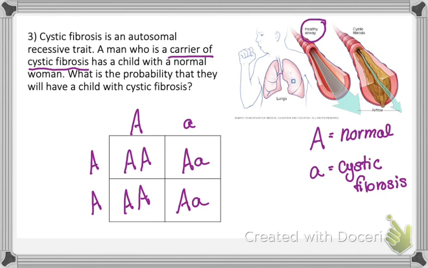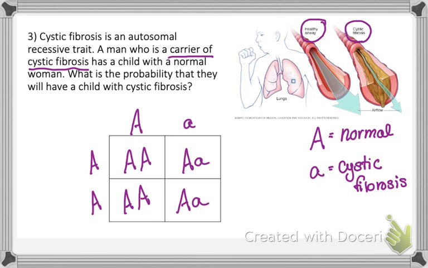Cystic fibrosis is a genetic trait where ion channels don't form properly, and as a result, salt builds up, and salt can lead to improper water balance, which means you can end up with really thick mucus that can block airways. So dominant allele, normal airflow. The lowercase, recessive allele represents cystic fibrosis, that hereditary disorder.